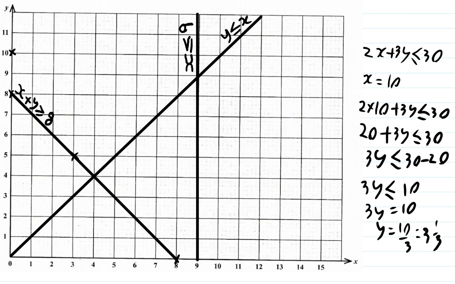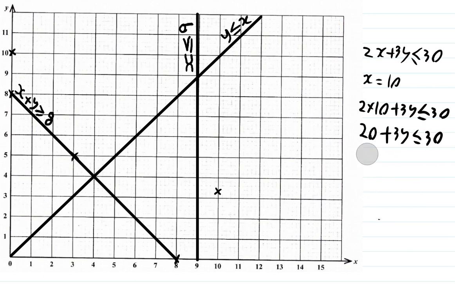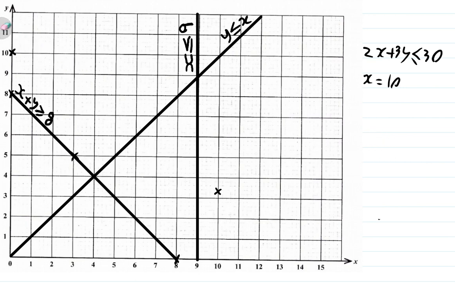So when x is 10, y would be 3 and 1/3. I would say somewhere about here. But let's try yet another point. Hopefully this point will give us a nice clean number instead of a fraction.